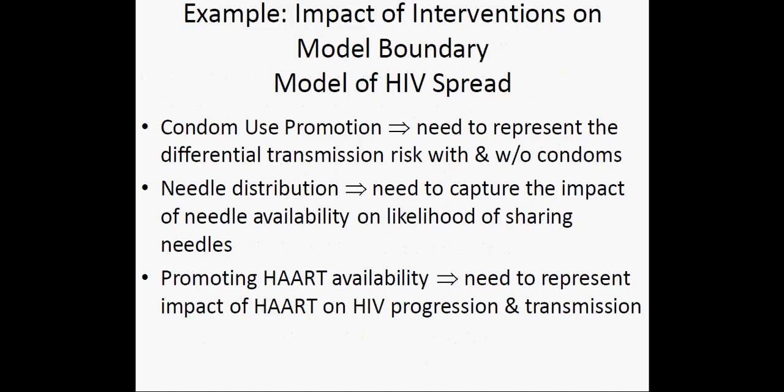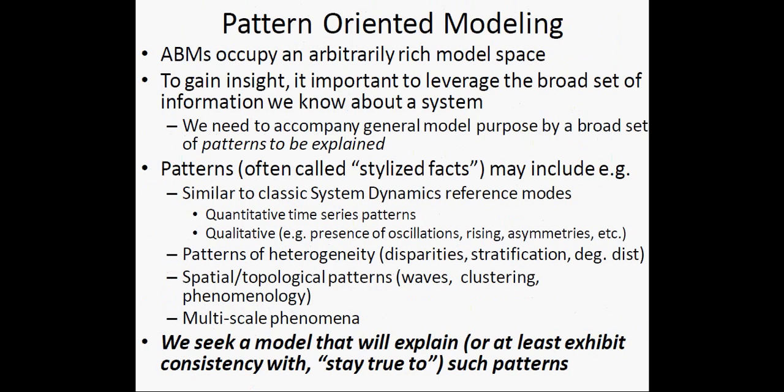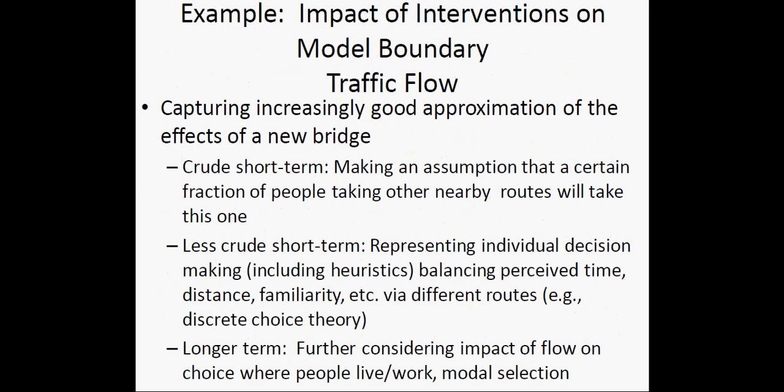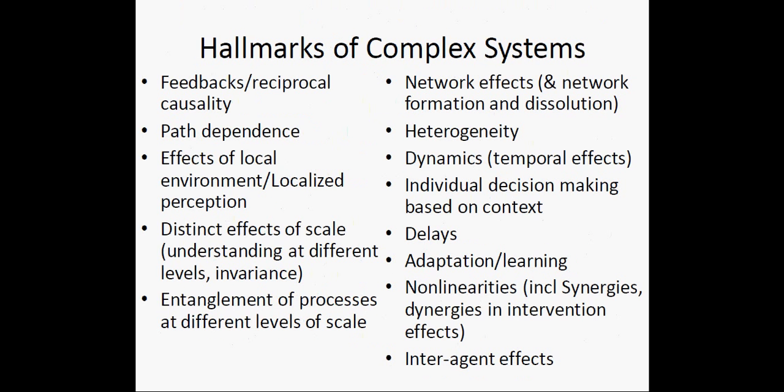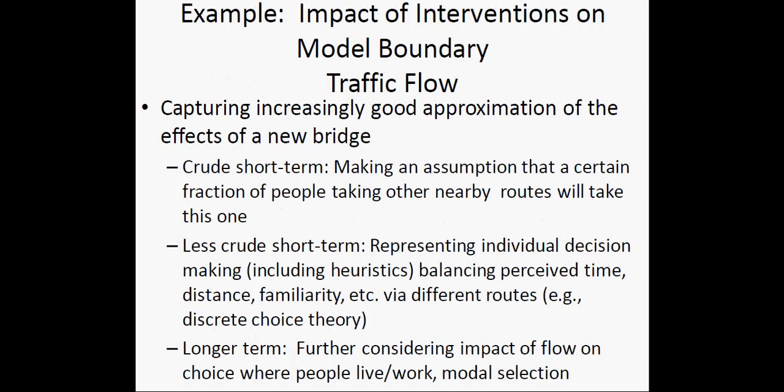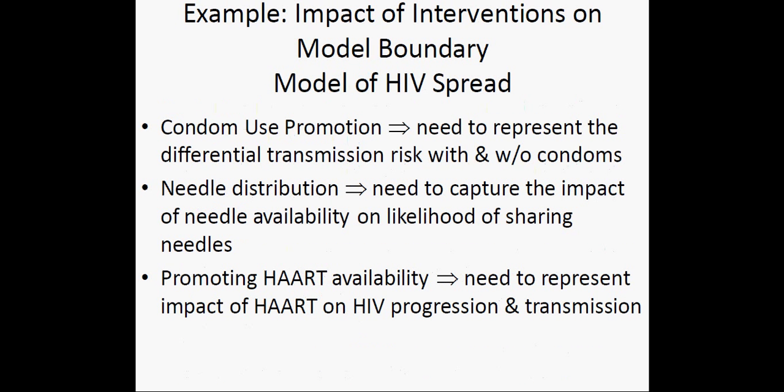I also wanted to make some comments, and by the way, I have a whole bunch of slides if people are interested on particular examples of how you might broaden a model's decision over time. Often we'll start with a crude representation of things, and then we'll expand it so it's more flexible, see what the impact is, and then go to a longer term strategy.